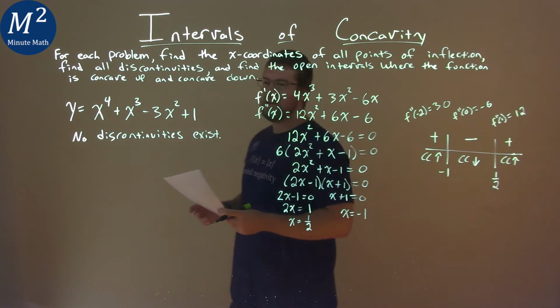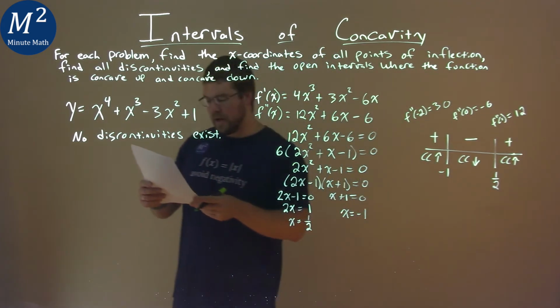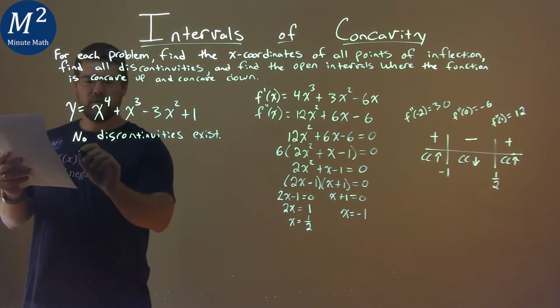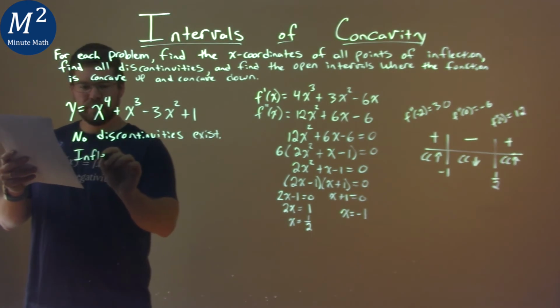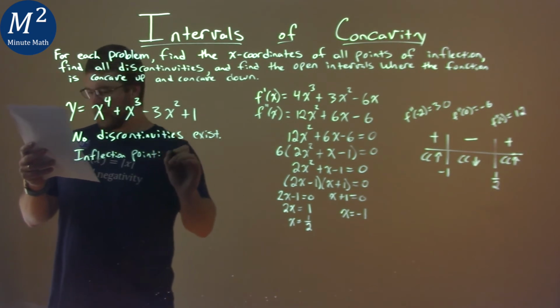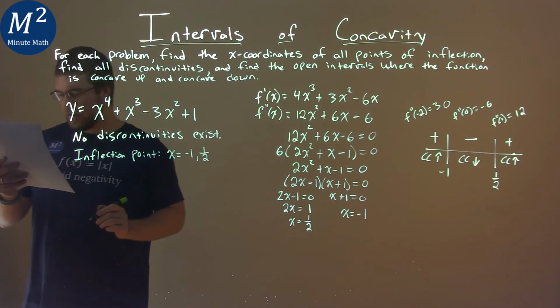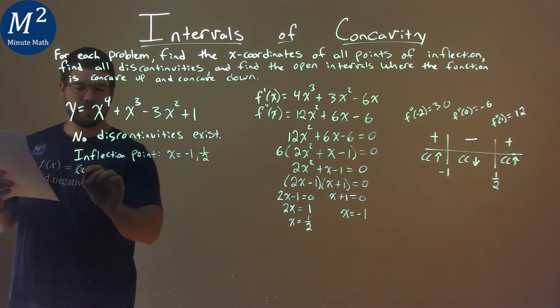And so now we have everything we need. We have our points of inflection where we change concavity, at negative 1 and at 1/2. So we'd say our inflection points are at x equals negative 1 and positive 1/2.